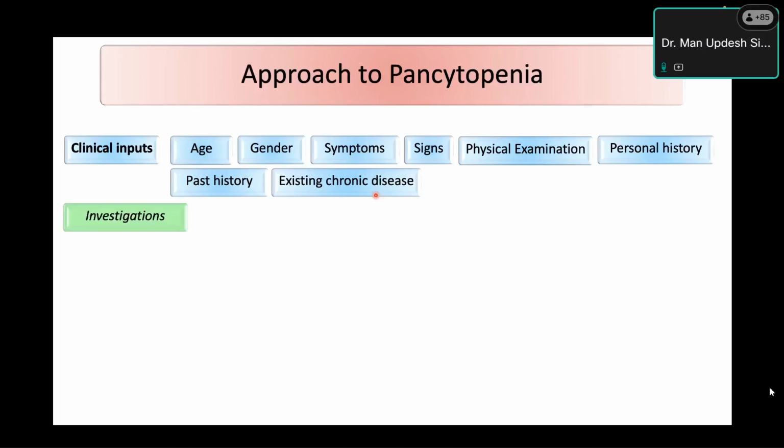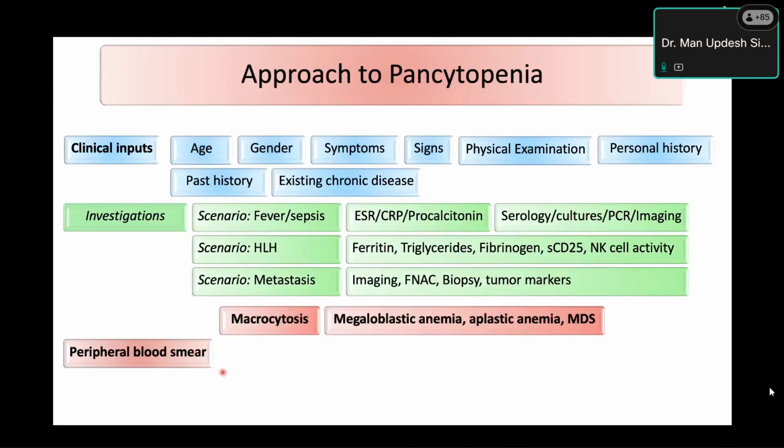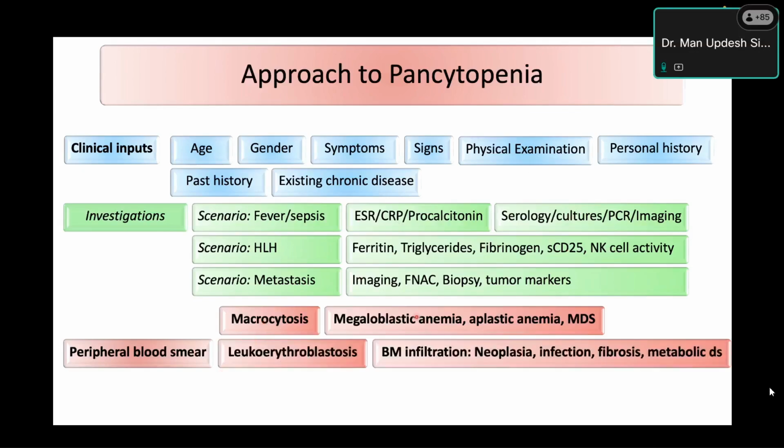So clinical inputs, investigations, I'll just put some examples. If it's a fever scenario, there are some investigations. These are not comprehensive again. HLH criteria, metastasis, just go with certain investigations which you need to do. Obviously, you go into the peripheral blood smear with pancytopenia. You look into certain things. You are looking into megaloblastosis when you see macrocytosis, or aplastic anemia or MDS.